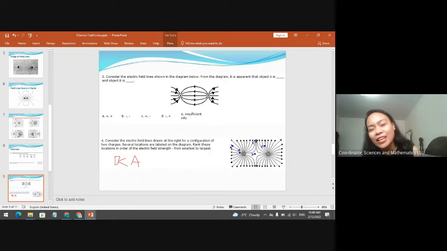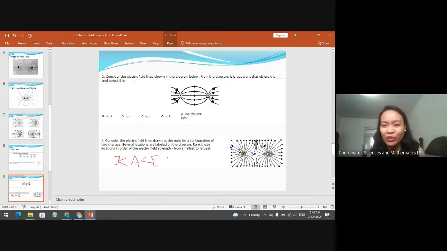Point A is only at one field line. When we compare it with point E, E is in between two field lines, so it is stronger than point A.